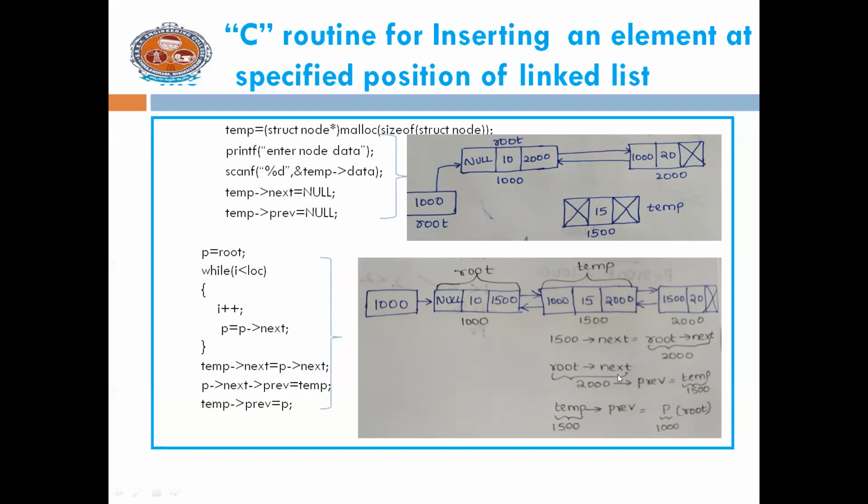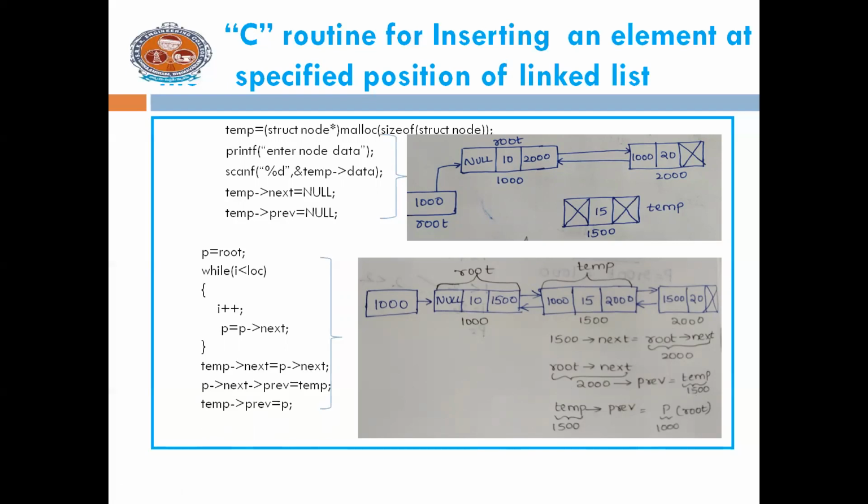That means root of next is here. What is root of next here? 2000. So 2000 of previous is 1000. So 2000 of previous should be replaced by which value? The temp value. So 2000 of previous is assigned 1500. And next, at last, temp of previous equals p. Now I'm updating this address, that is temp of previous equals 1000.